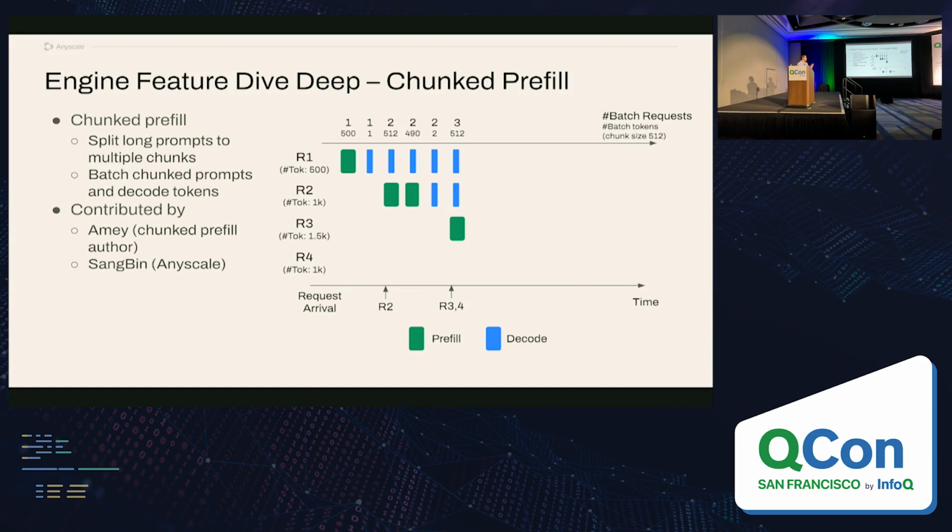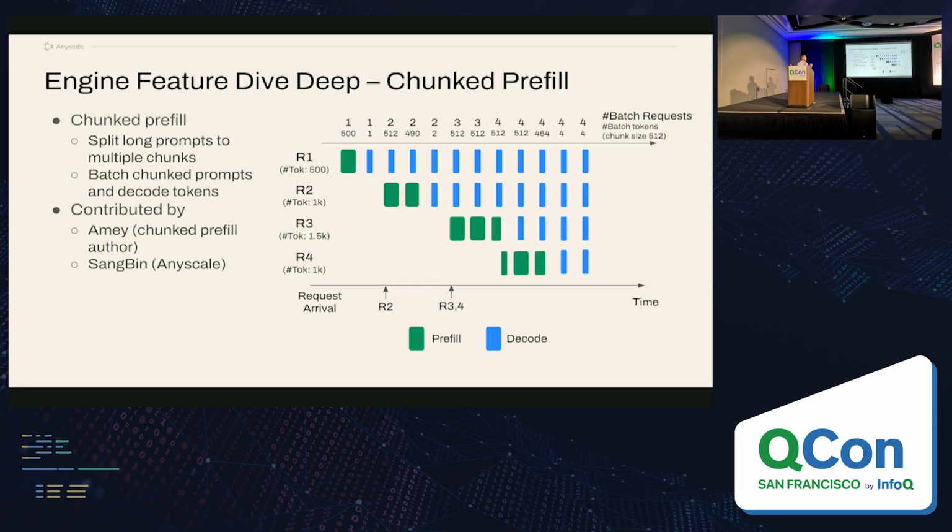We can directly introduce the new request, and then we do the chunked prefill for request 3, followed by request 4, and now we have all the decoding processes together. So this becomes an ideal case where we can balance the batch sizes across all the time frames, and we also make sure the decode process won't be interrupted. This feature was contributed by Amey, who is the chunked prefill author and a PhD student, and also Sunbin from NScale.